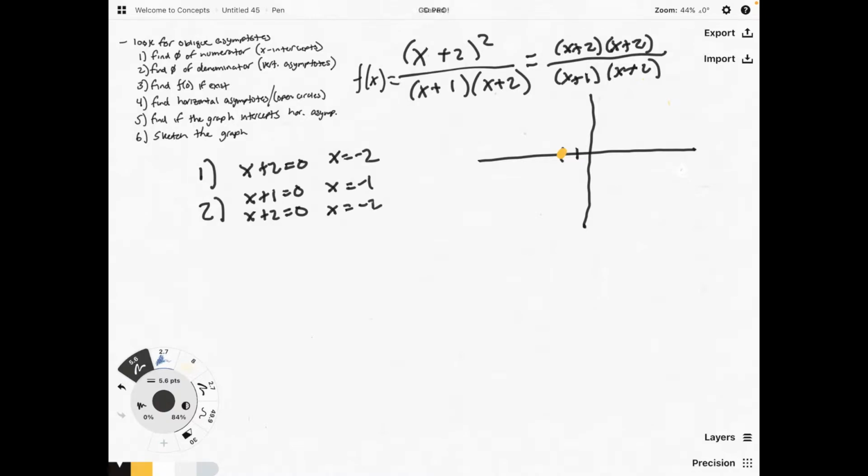What we know here for that vertical asymptote at negative 2, we've already plotted that, but because we're able to reduce this original function down to (x plus 2) divided by (x plus 1) by canceling out the x plus 2 in both the numerator and the denominator, then we know that there will be a hole at this point because it can't exist, because you can't have 0 in the denominator.